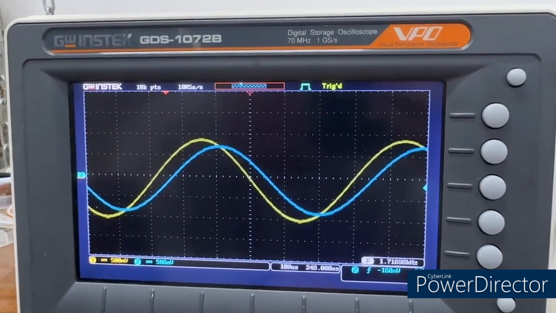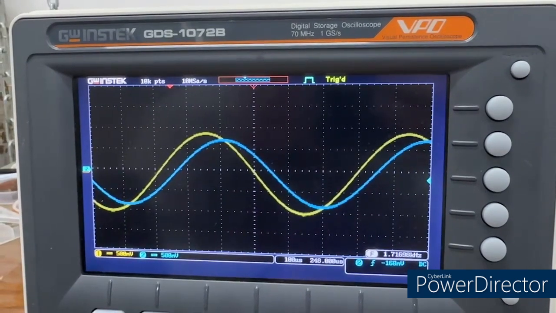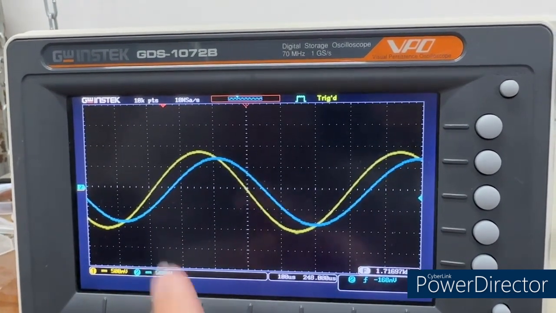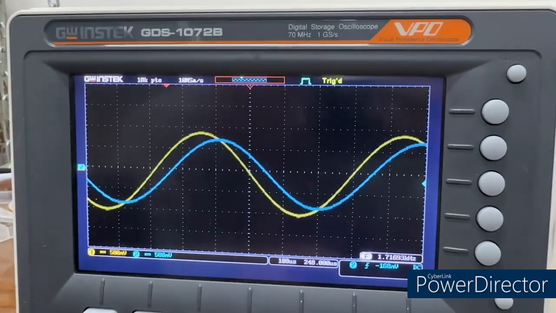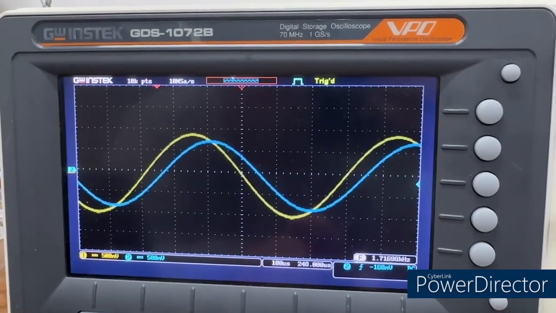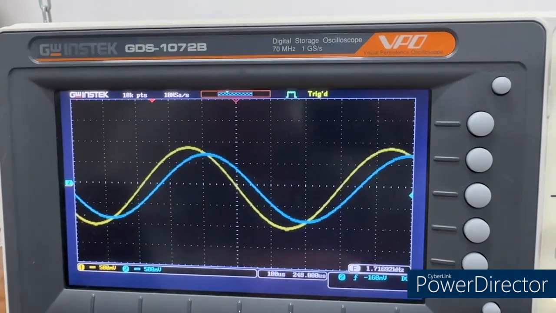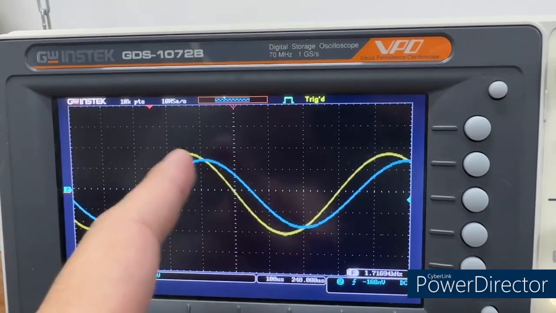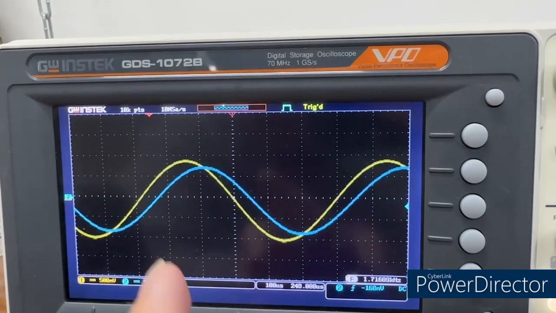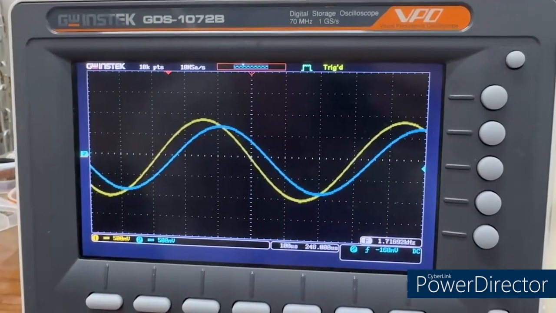As the yellow one increases, the output signal from the capacitance is charging, and when the yellow one decreases, the output signal from the capacitor is discharging. We can see that the input signal and the output signal are not overlapping, because there is a phase difference between the two signals.